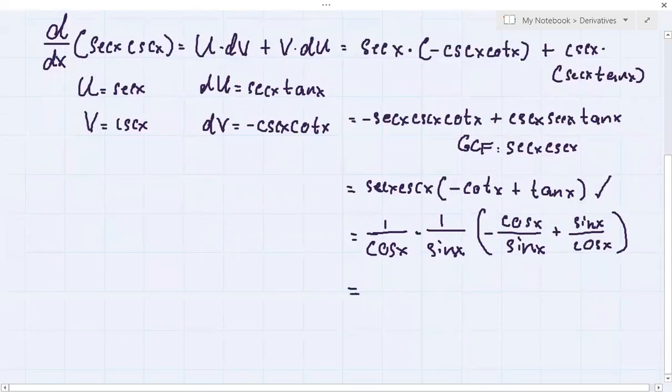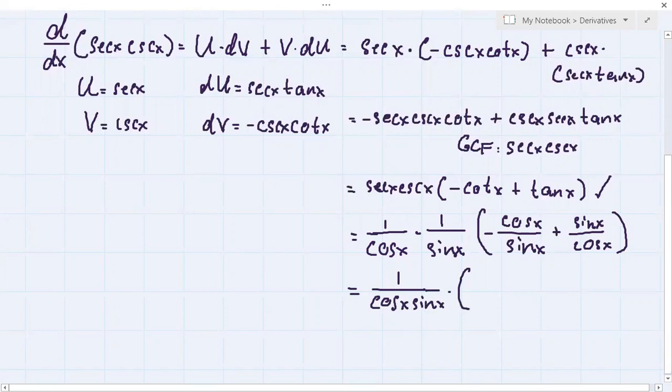So what we can do here is now combine them. 1 all over cosine x times 1 all over sine x, we have 1 all over cosine x times sine x.